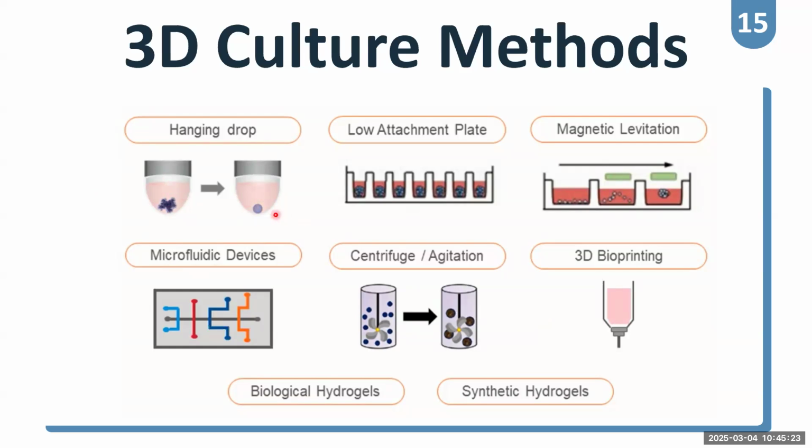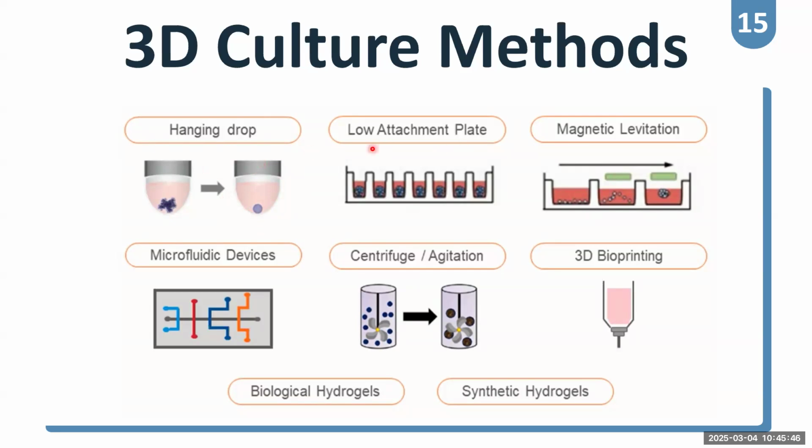It's quite easy. No need for essential or expensive equipment, just the media and a dish or something like that. After they form the 3D structure like this, you can transfer them to a 96 well plate and treat with the drug.